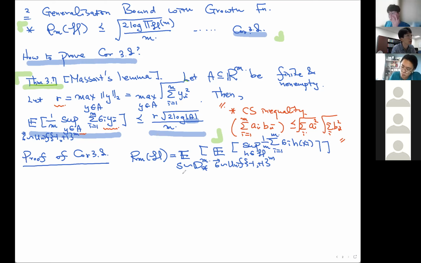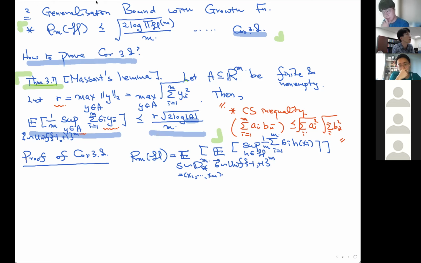So what is xi? xi is really the sample. S is written as x1 to xm. So that's just the definition of Rademacher complexity. It's an average of the empirical Rademacher complexity, but that's what I just wrote there.